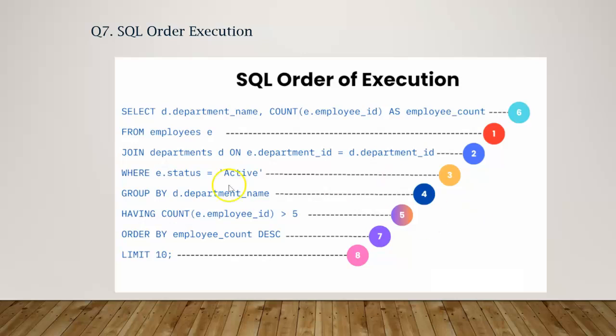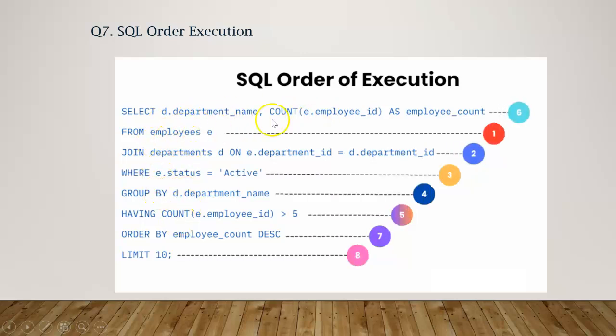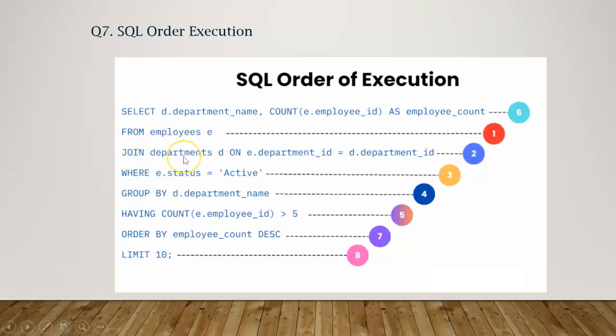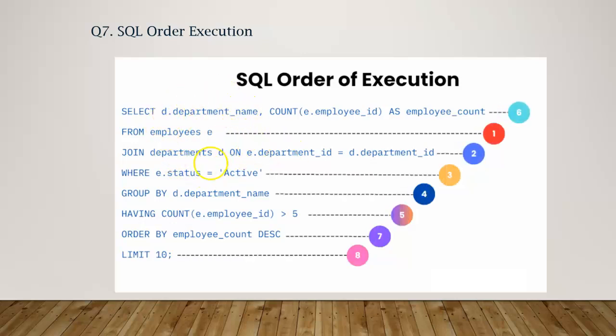I have a query: select from employee join where. So how does it get executed? The first step executed is FROM, then you have JOIN, and the next step is WHERE. It will first filter, then after filtering it will do the GROUP BY department name, and then HAVING.